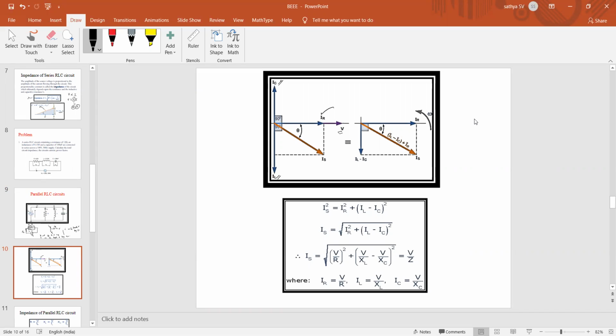Now I am keeping the positive j omega axis to negative, so that's why I changed the sign of your IC value, IL minus IC, and therefore where I drew the net resultant vector, that is the total current IS. So IS bar is simply IL minus IC bar. Clear?